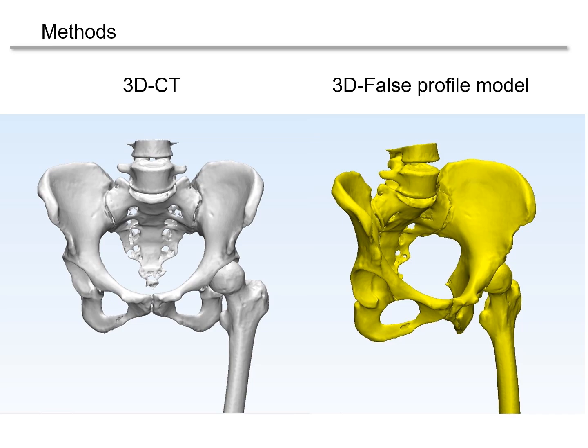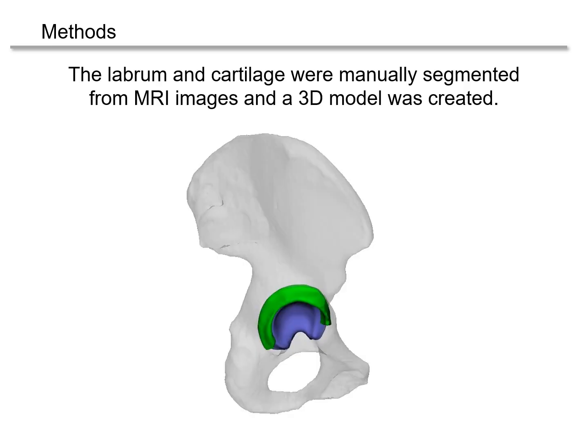The model on the right is a 3D false profile model created by matching a 2D false profile view with a 3D CT model. In this study, we compared two models with different postures. The labrum and cartilage were manually segmented from MRI images and a 3D model was created.